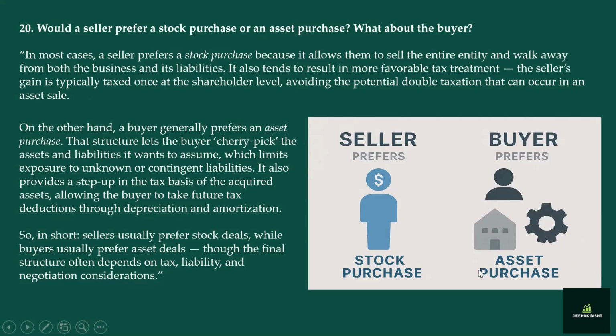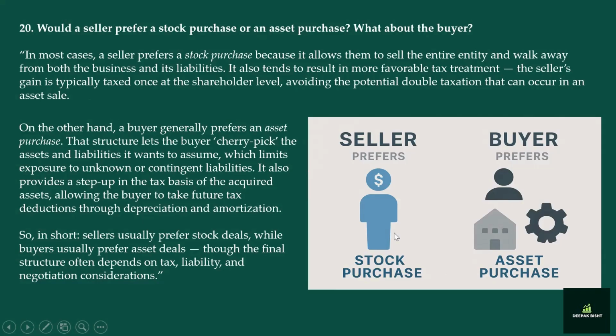From the seller's perspective, the seller almost always prefers a stock purchase deal, and here's why: it's a simple and cleaner exit, and the tax treatment is better for the seller in a stock purchase deal.